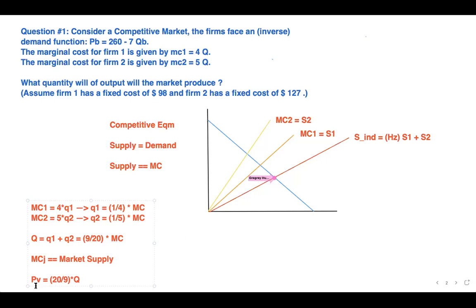Remember, Miles, we have PV is equal to whatever, that's our supply curve, and PB is for demand. So can you all finish it up from here?